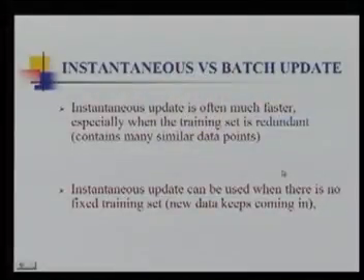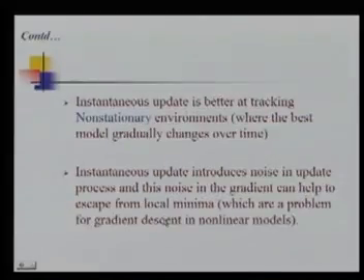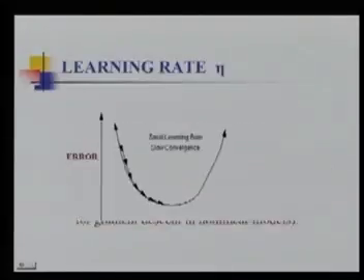The instantaneous update is often much faster, especially when the training set is redundant, containing many similar data points. Instantaneous update can be used when there is no fixed training data and new data keeps coming. Also, instantaneous update is better at tracking non-stationary environments. Instantaneous update introduces noise in the update process, and this noise in the gradient can help to escape from local minima.